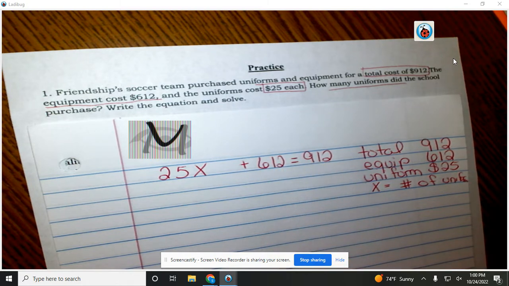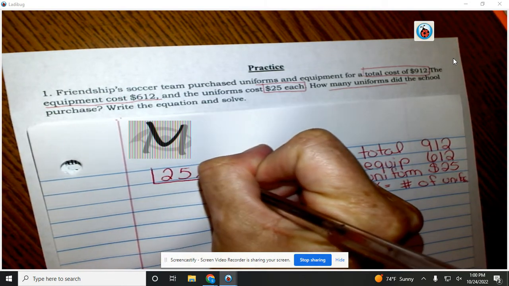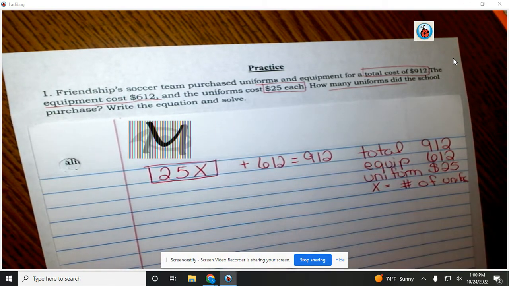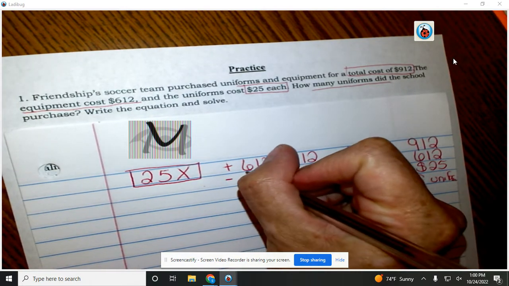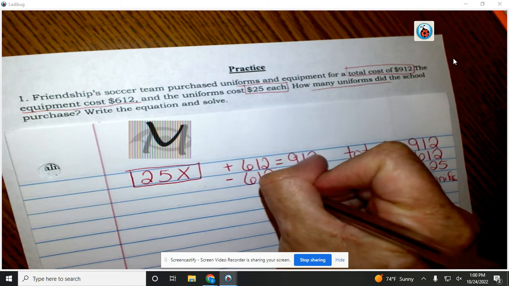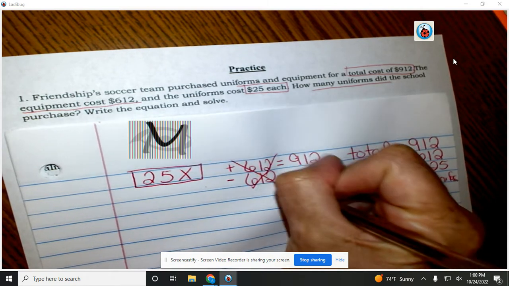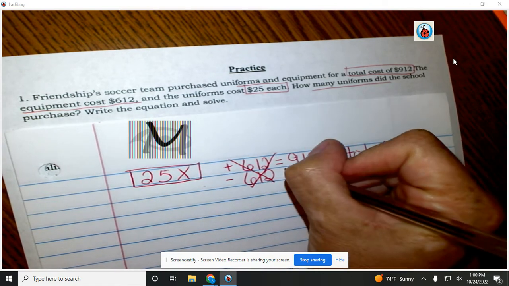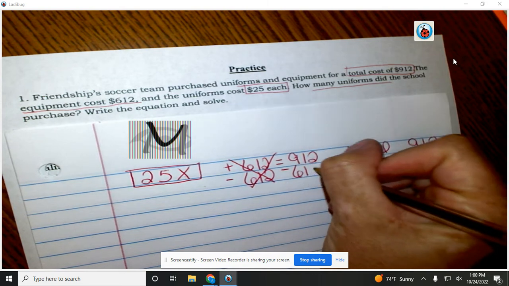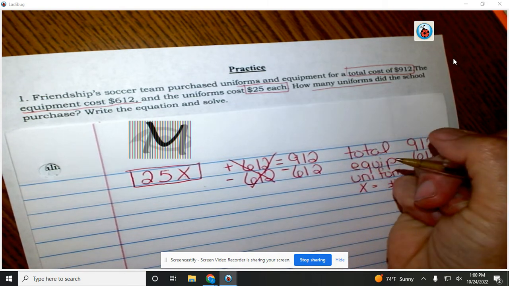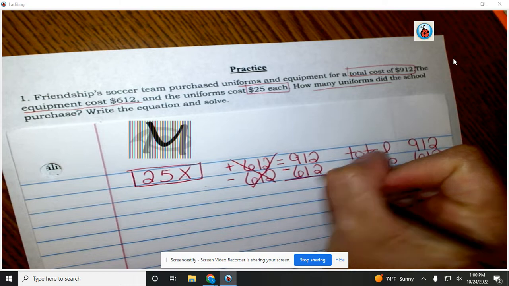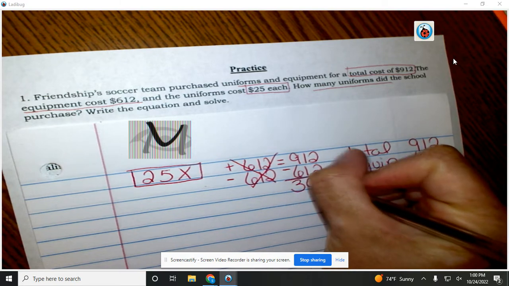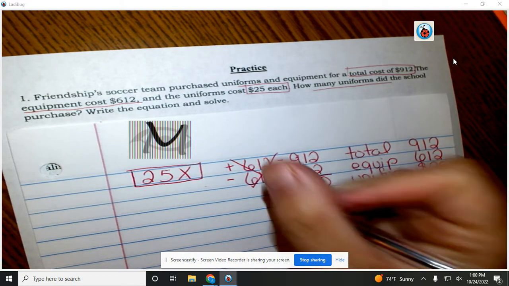So the first thing that we need to do is that we're not going to touch this until the very end. So for us to get x by itself, the first thing that we need to do is subtract $612, because it's the opposite of addition. Whatever we do to one side, we have to do to the other side. So we have $912 and we are going to subtract $612, which gives us a remaining amount of $300.